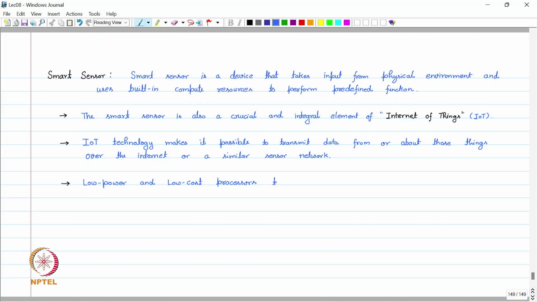Typically provide computation resource in the IoT environment.